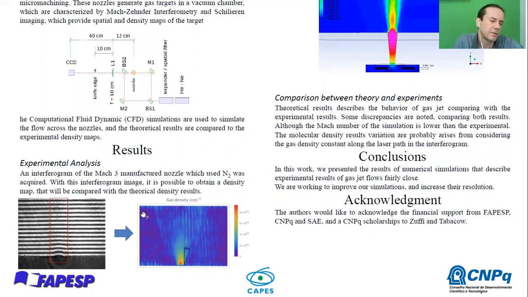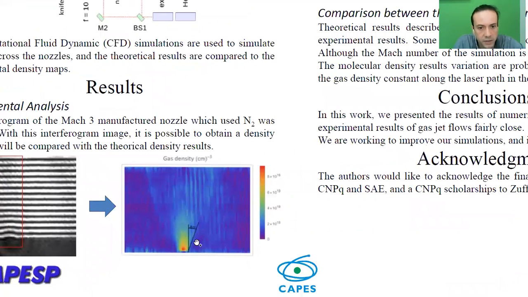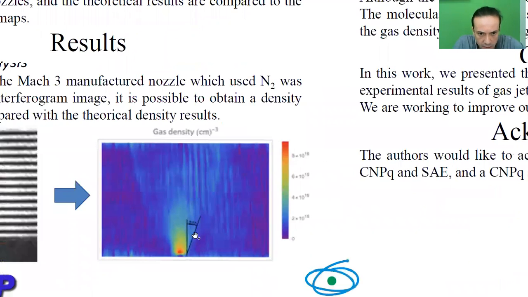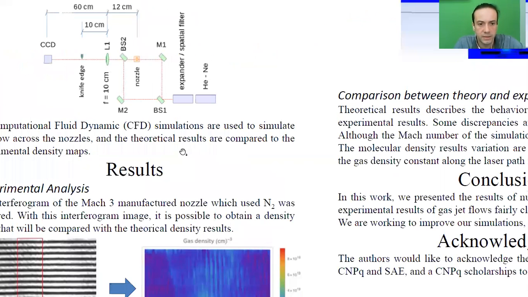After applying mathematical methods to the density map, here we can measure the divergence angle of the gas jet. It's about 20 degrees. Here we can see it.